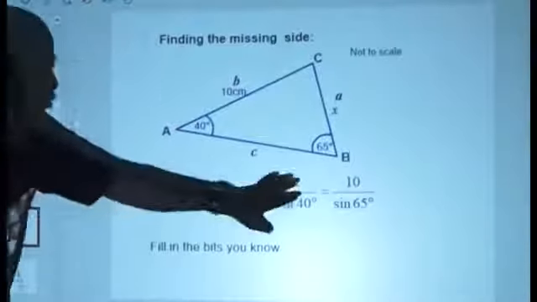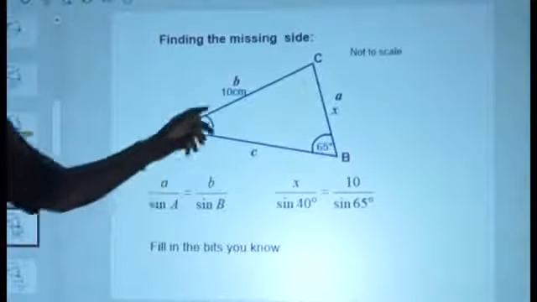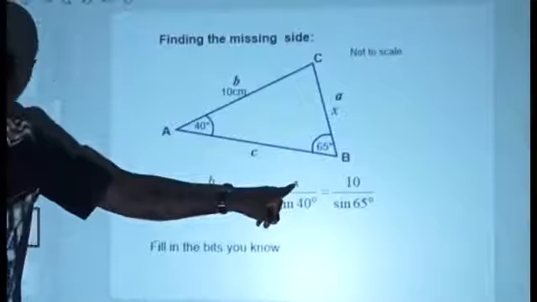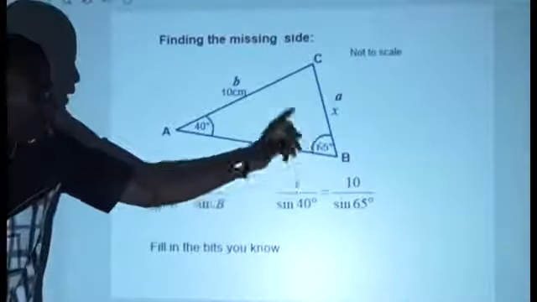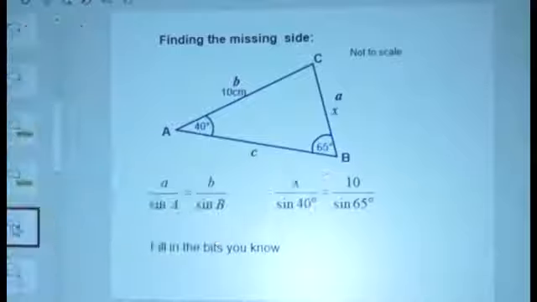You will now substitute. a is now x that we are looking for, all over sine 40, and b is 10, all over sine 65. Fill in the bits you know. You see, WAEC is giving you a calculator. You can make use of your calculator.